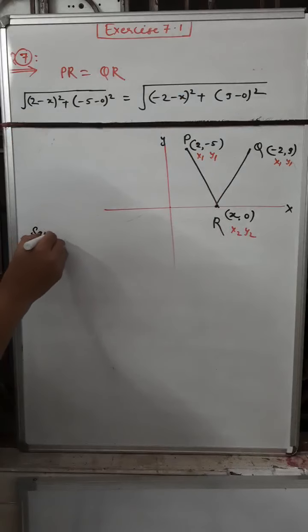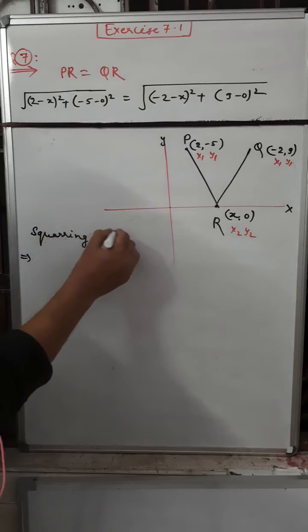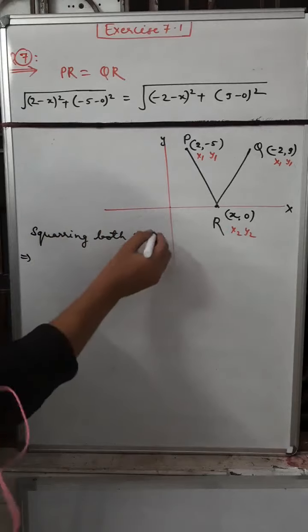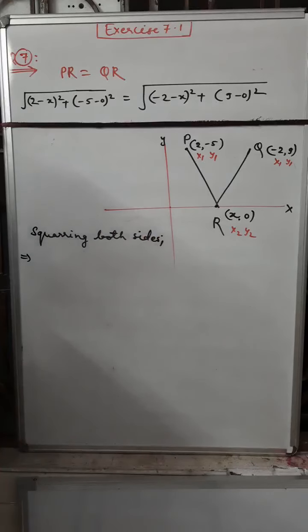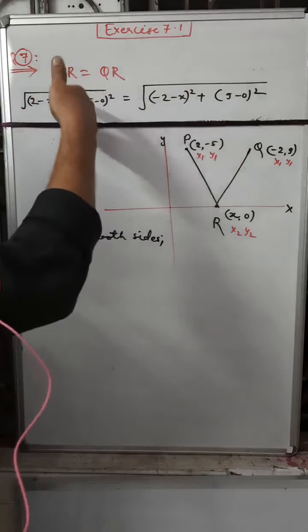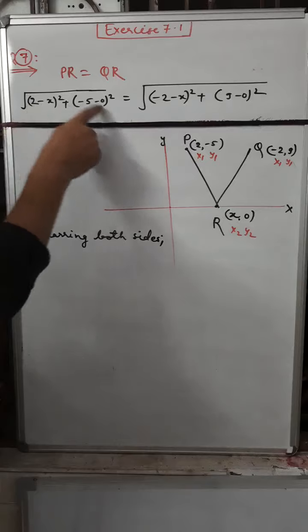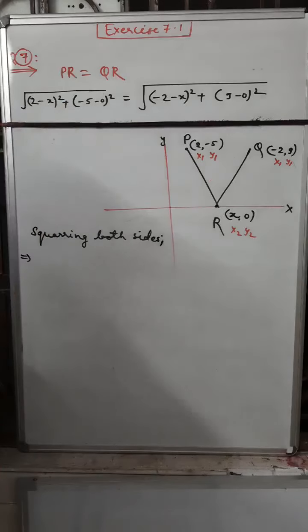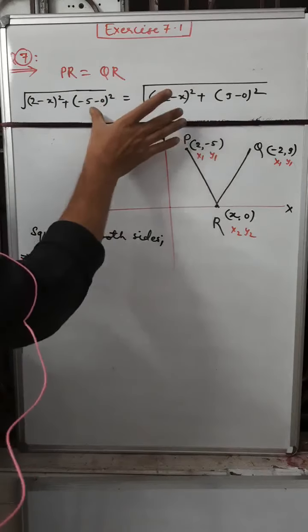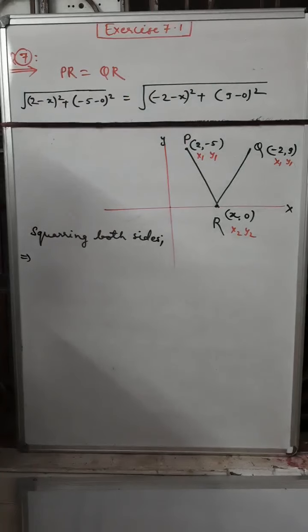Squaring both sides means the under root is removed from the left hand side as well as the right hand side.